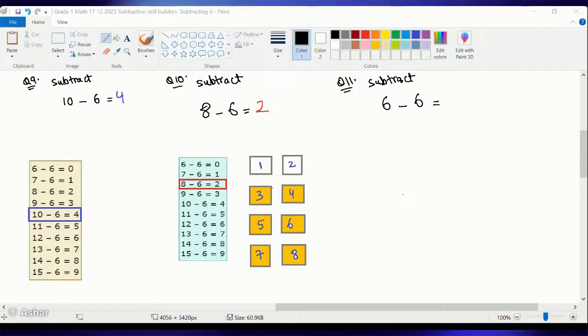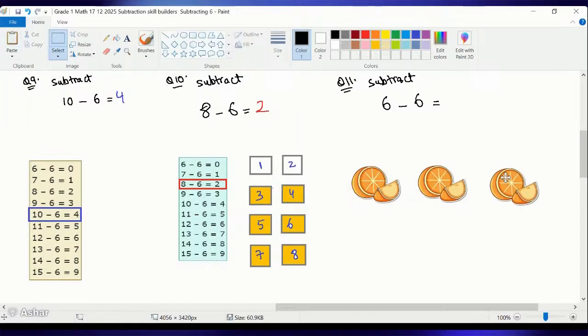We do not have candy. Okay, there are 6 oranges. We have 6 oranges and 6 oranges were eaten. So how many oranges would be left?